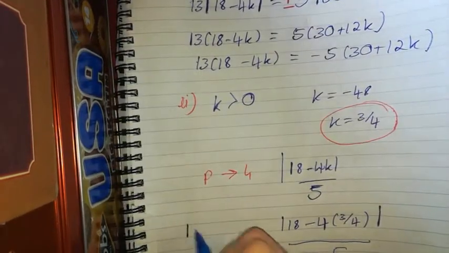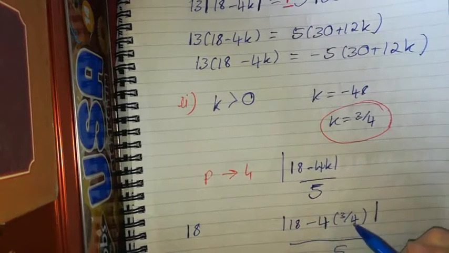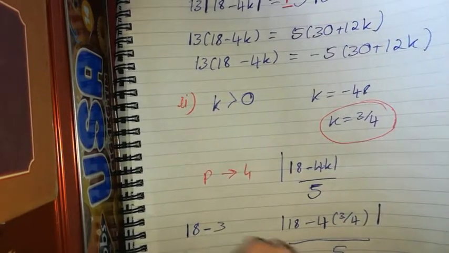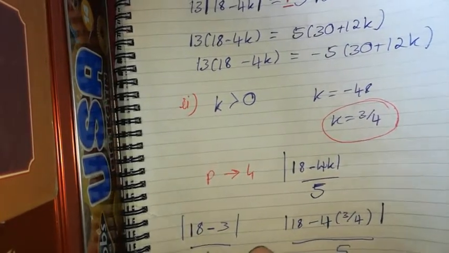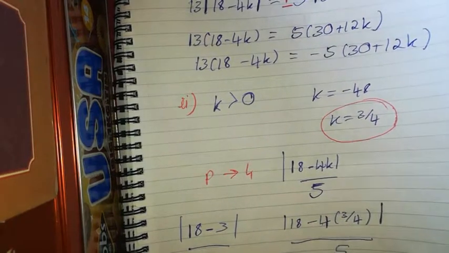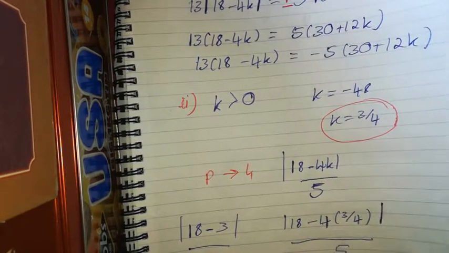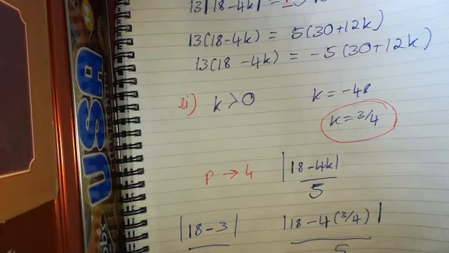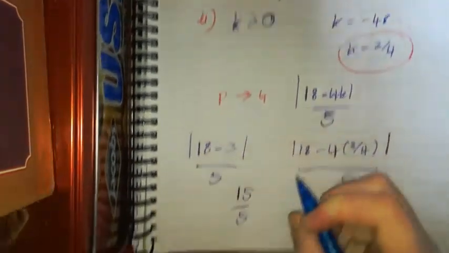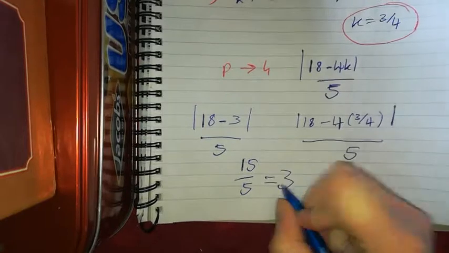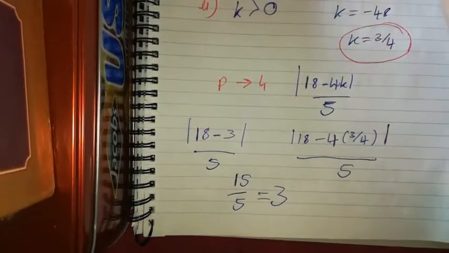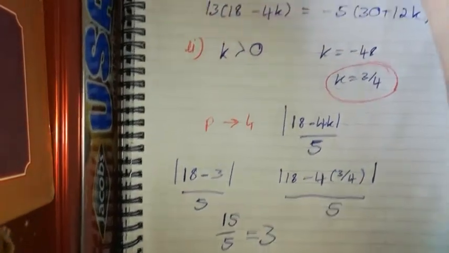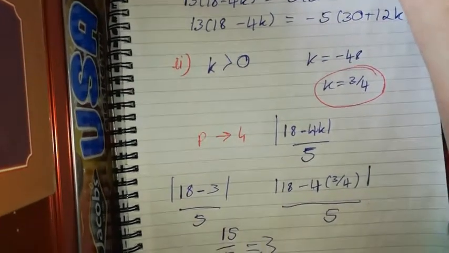That's 18 minus 3, so the modulus of that over 5, which is 15 over 5, equal to 3. So 3 is the distance from P to L1.